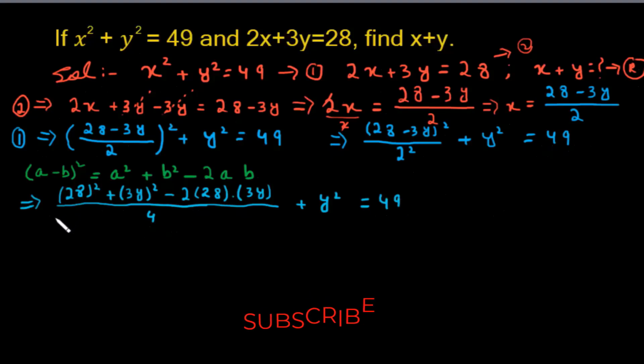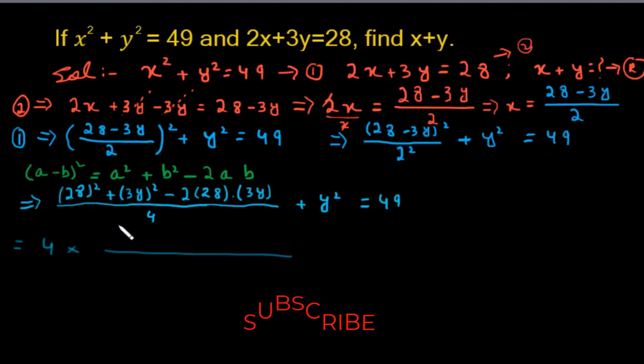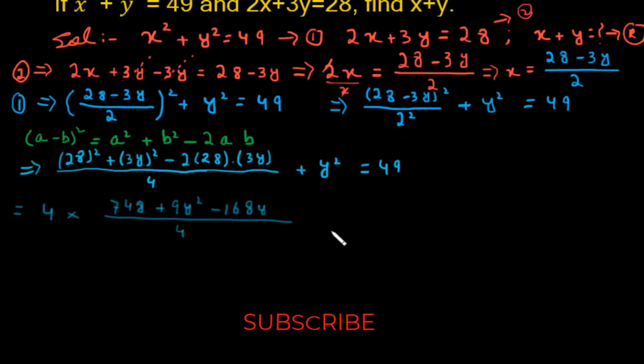First of all, it will be much easier if I multiply this 4 to all of the elements of this equation. That will give us 28 squared is equal to 784, plus (3y) squared is equal to 9y squared, and this will give us minus 168y, divided by 4.